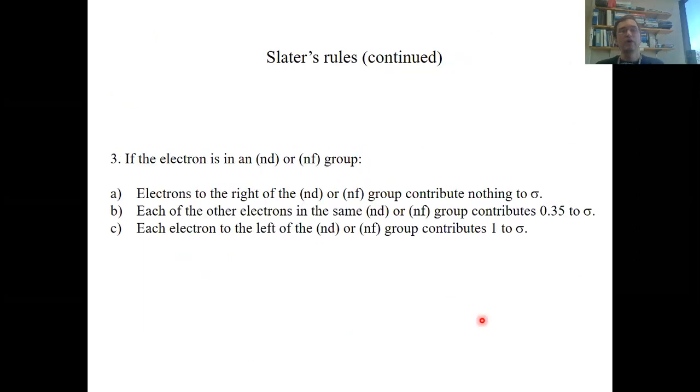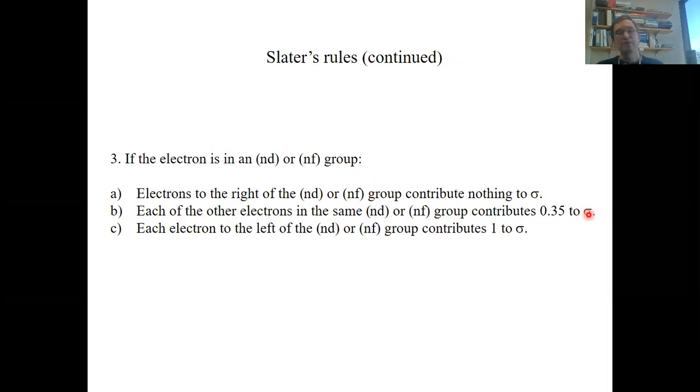Now for nd and nf electrons, we have slightly different rules. The first rule is again the same, which says that an electron to the right of the nd or nf electron we look at does not contribute anything to sigma, and that's again because these electrons are further away from the nucleus in comparison to the electron that we look at. But now secondly, each of the electrons in the same group contributes 0.35 to sigma, which goes analogously to the previous case.